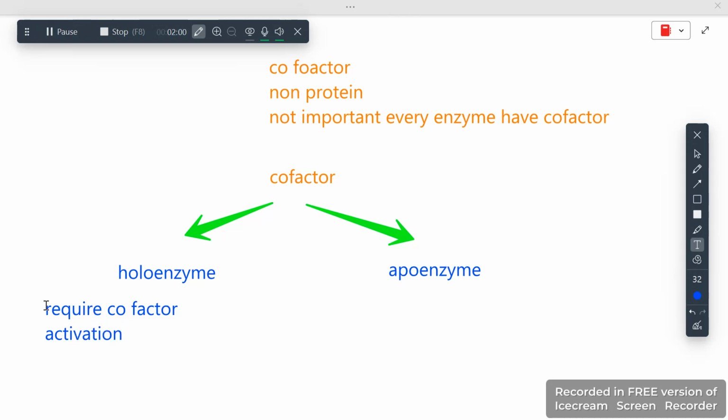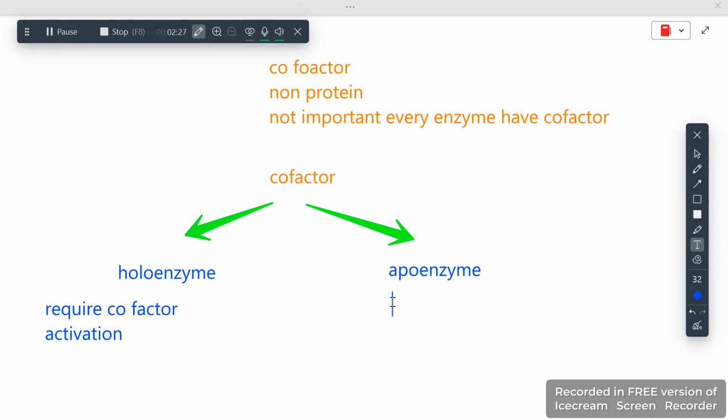Like if you've just taken one enzyme, there could be any enzyme, and for their activation we suppose that we need a cofactor to activate that. This means they require a cofactor for their activation.